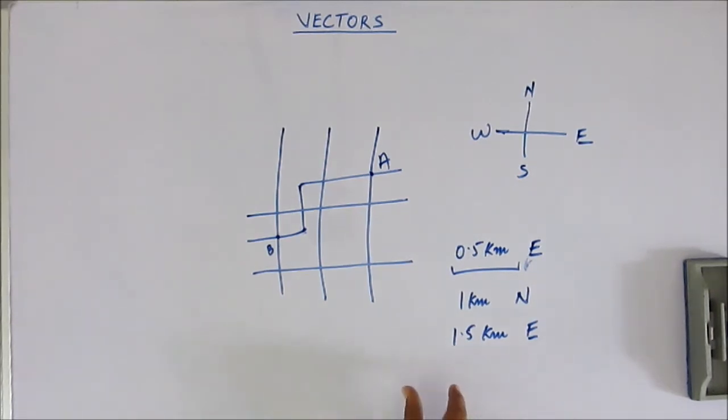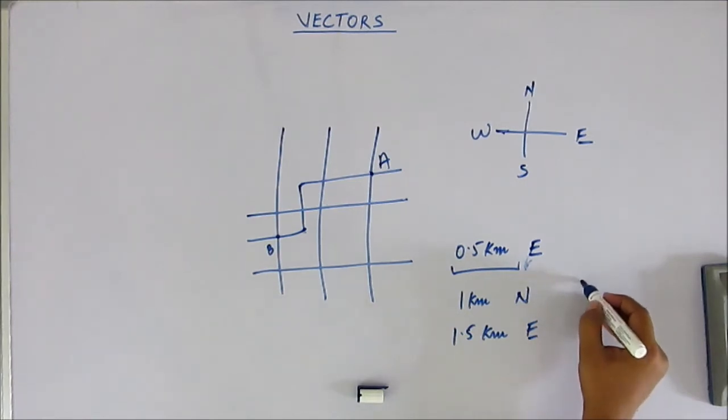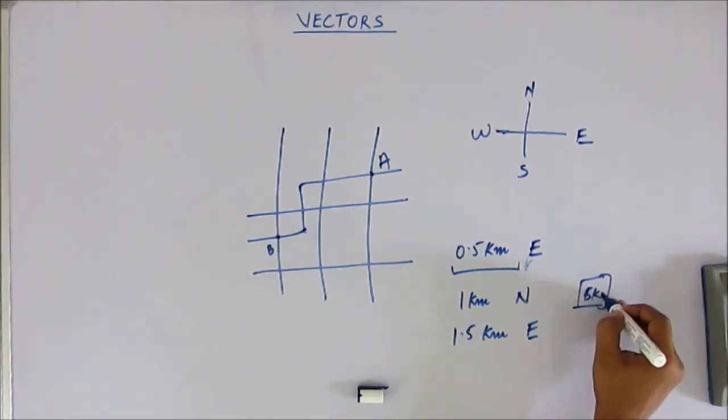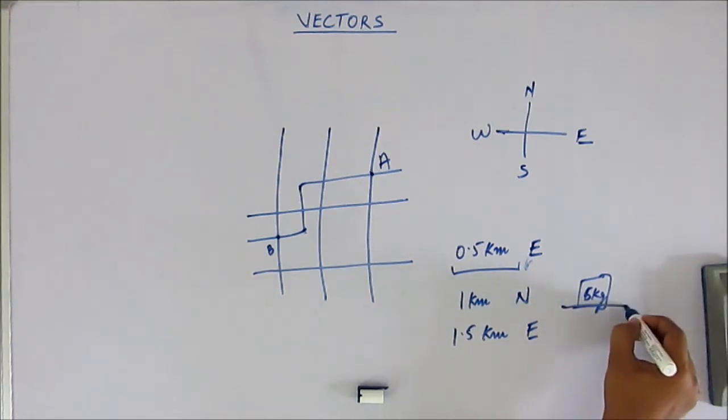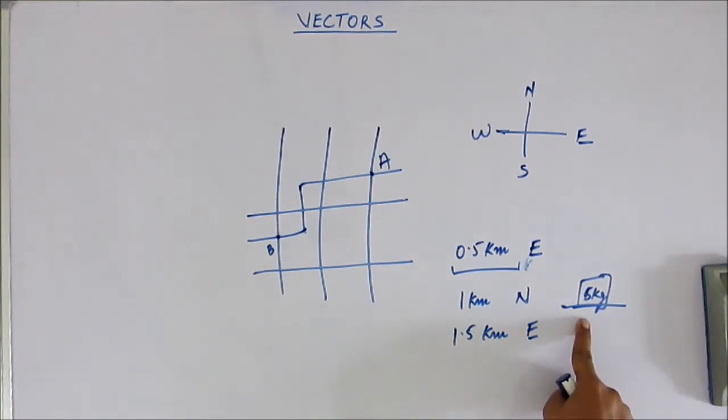For example, mass. Suppose the mass of any body is 5 kg. Now direction of that 5 kg is not required, or it doesn't make sense to give the direction of the mass. Mass doesn't have any direction.